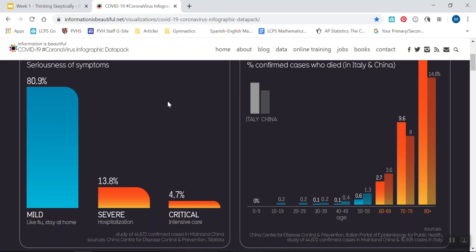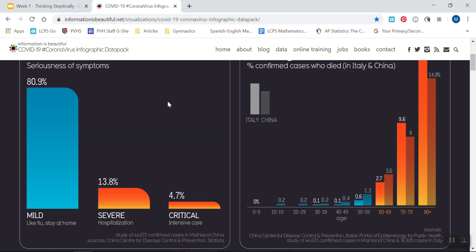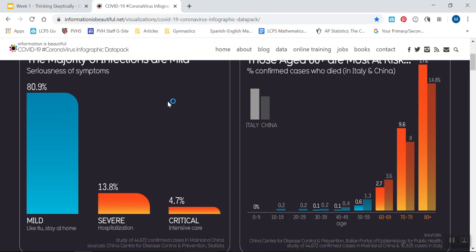So as you are analyzing some of these graphs and charts, you need to think about the way the data is presented. Is it a good choice of chart? Maybe a pie chart would have been a better way to represent this data. It's still the same data, but maybe that would have a different visual effect.